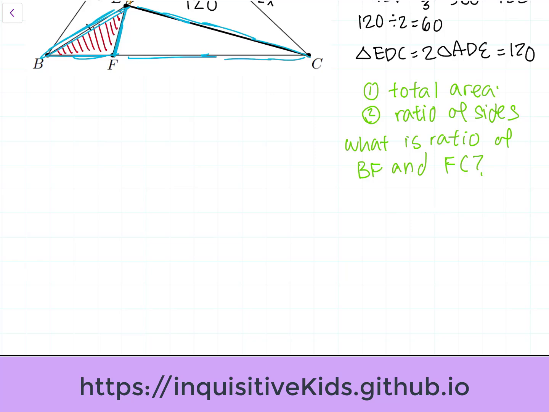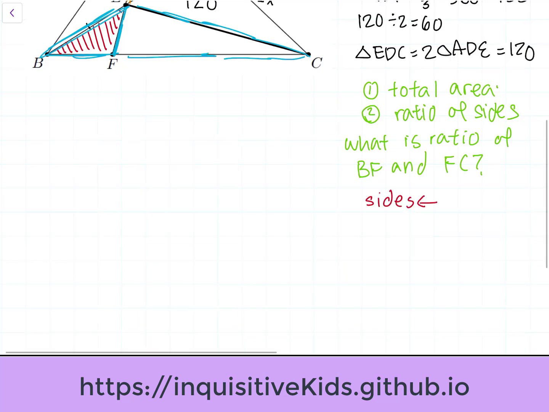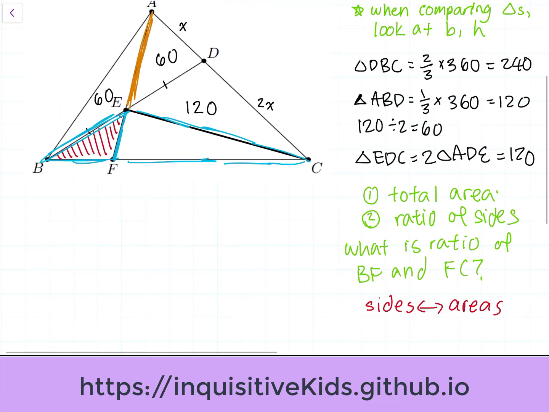Well, this whole time we've been using the relationship between sides to find the relationship between areas. But this can go the other way as well. We can use what we know about areas to find the relationship between sides.